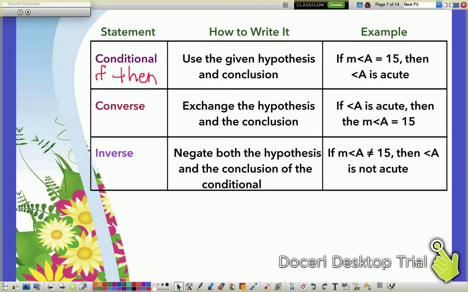Okay, that's our if-then. The converse of a conditional. Well, let's look at the example. If the measure of angle A is 15 degrees, then the angle A is acute. Okay, that's correct. We can say that conditional is correct.